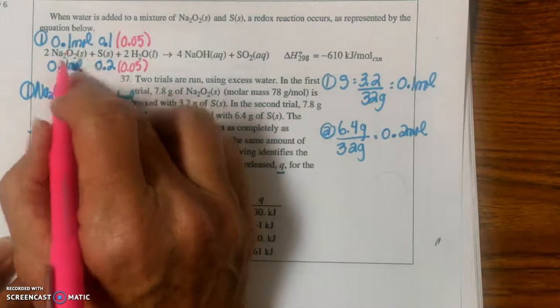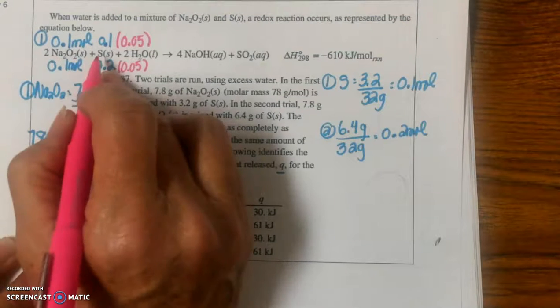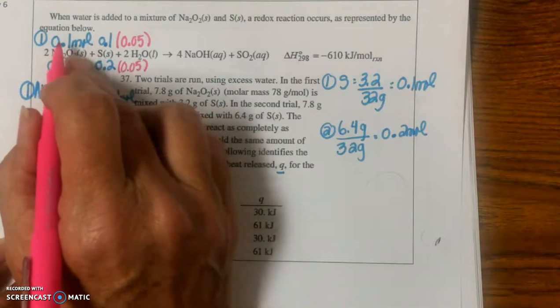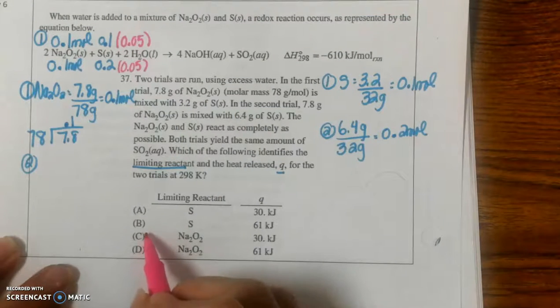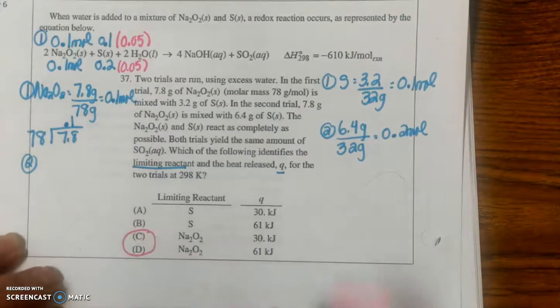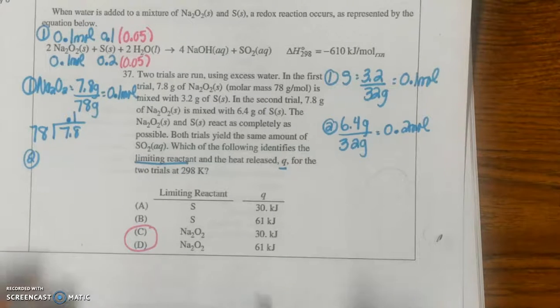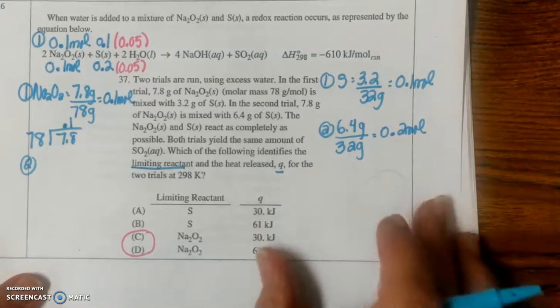So that means that Na2O2 has to be my limiting reagent. Remember, even though there's a 2 here and a 1 here, if I convert everything to moles, this is a 2-to-1 ratio. This is in excess. So that leaves me with either C or D.